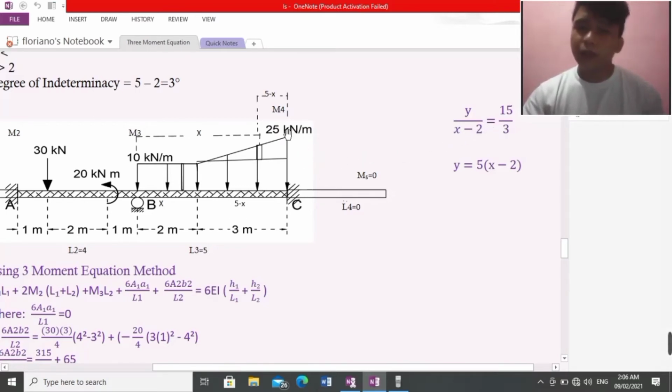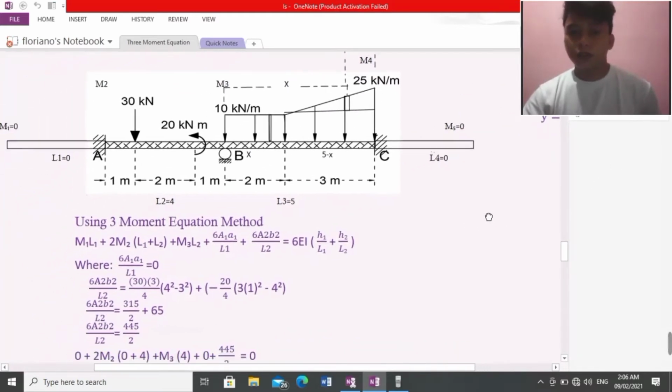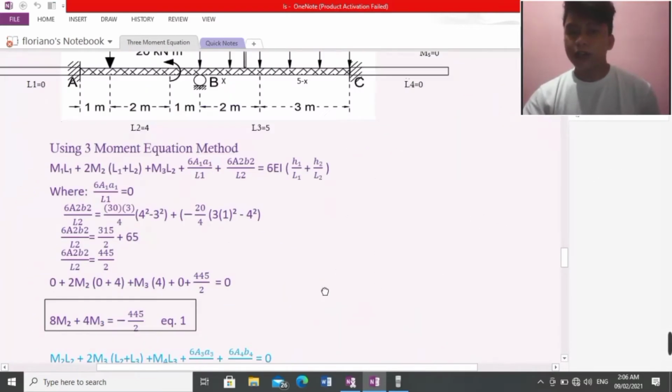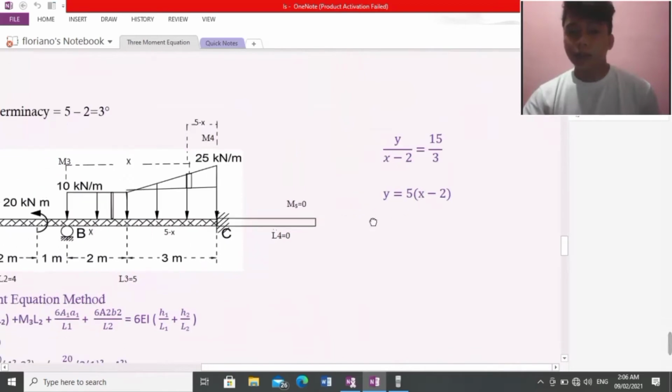Magiging 15 to. Bakit? Kasi, nung kinat ko ito is 25 minus 9 is 15. So, 15 all over 3. So, ang magiging y is 5 multiplied to x minus 2. So, yun na yung magiging P natin dito.